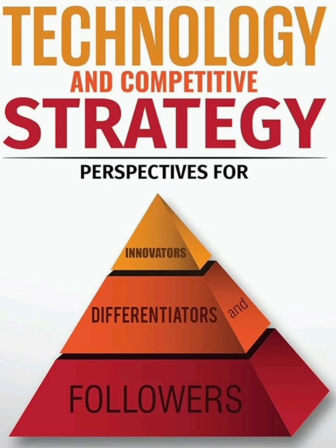3. Be proactive. The technology environment is constantly changing, so it is important to be proactive in mapping the environment. This means regularly collecting data and information, analyzing the data, and developing plans to respond to changes. 4. Be flexible. The technology environment is unpredictable, so it is important to be flexible in your plans.